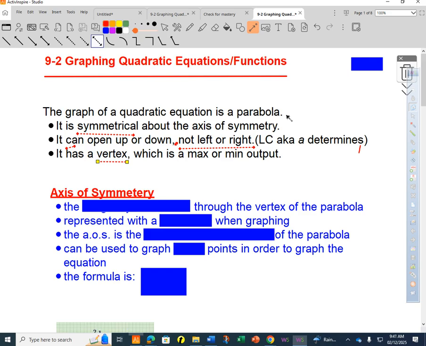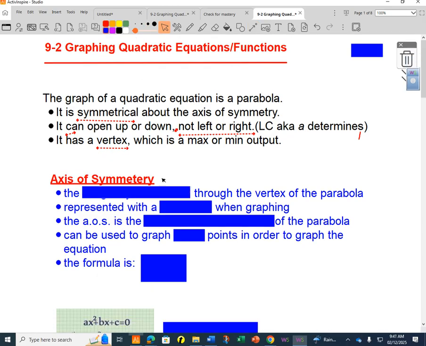So we're going to learn more about the axis of symmetry now. And we talked about it before we started the recording. We did some things on the board. So the axis of symmetry is an imaginary vertical line through the vertex of the parabola. It can't be left or right.